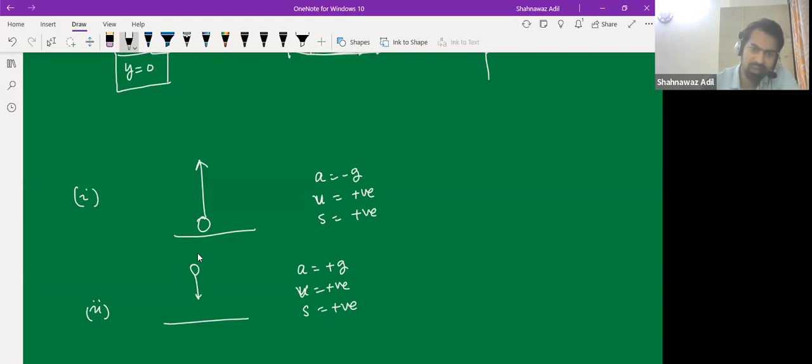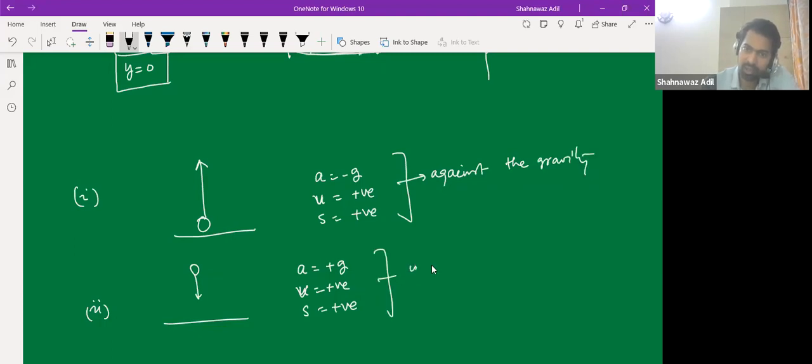Okay, so whenever we are going up, this is against gravity, right? And this is in the direction of gravity, along the gravity.